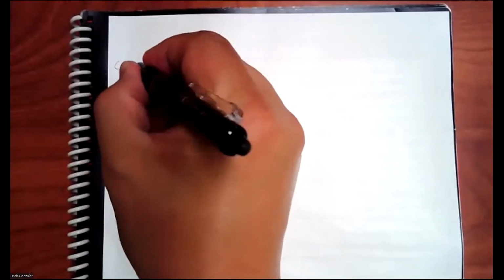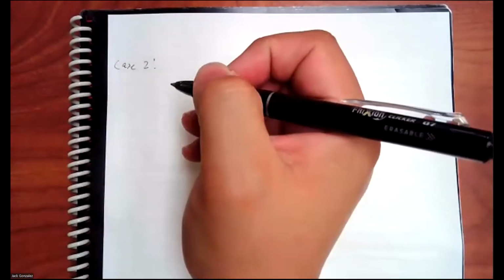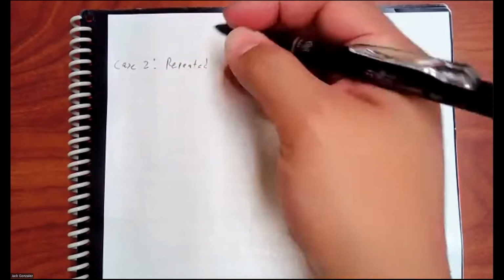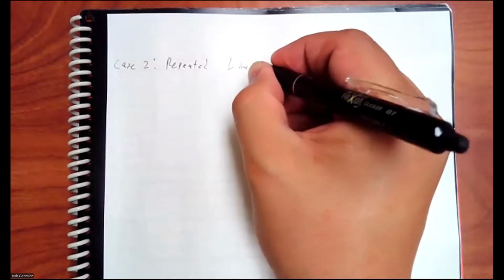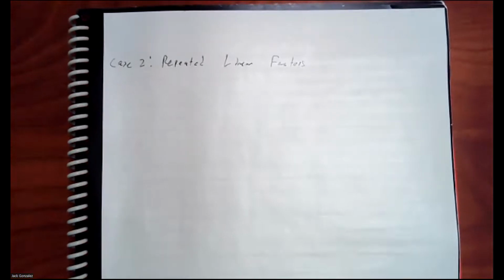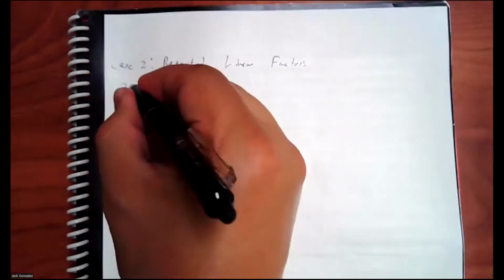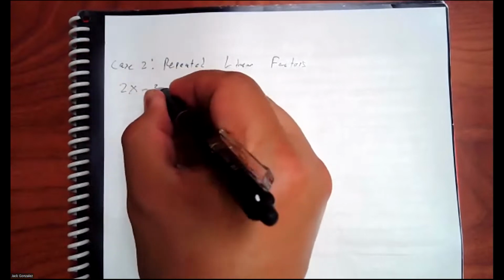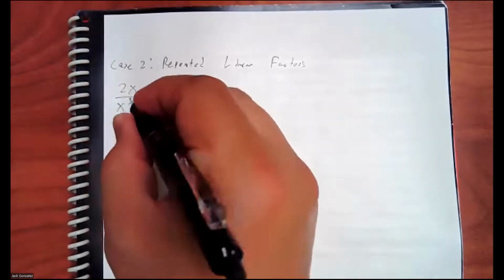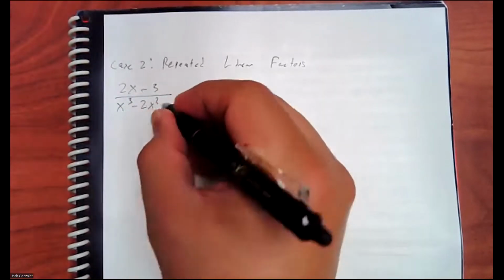Okay, I'm gonna turn the page up. All right, so let's move on to case 2, repeated linear factors. So they give us this guy: x cubed minus 2x squared plus x.